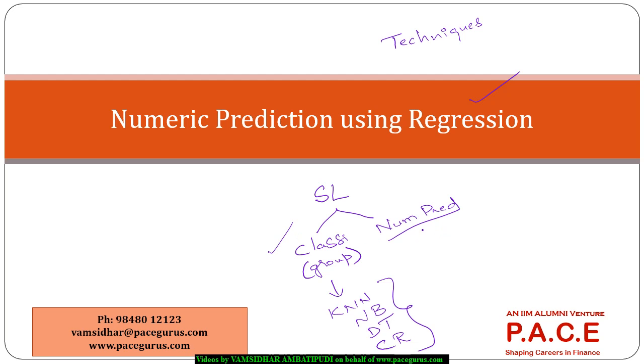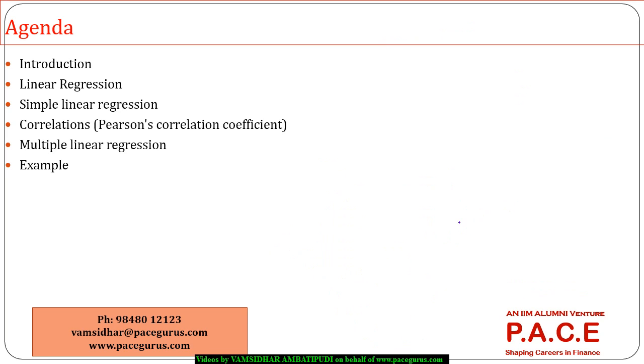Now the other aspect of supervisory learning is numerical prediction, where I am going to look at one of the most important algorithms for numerical prediction, which is the regression model. We will try to understand what regression is all about, and within regression, the most popular form is linear regression. Within linear regression, we talk about simple linear regression.